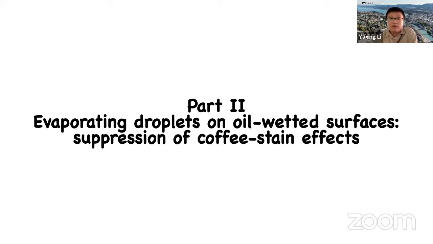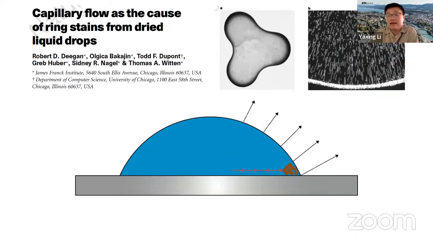In the second part, I would like to introduce a pretty robust method we proposed two years ago to suppress the very famous coffee stain effect by evaporating a droplet on an oil wetted surface. The coffee stain effect is a very famous phenomenon.